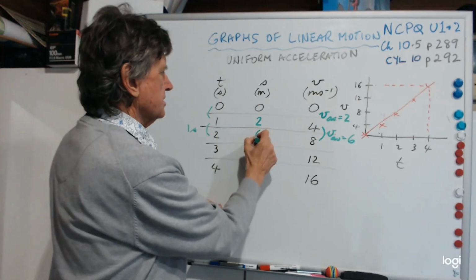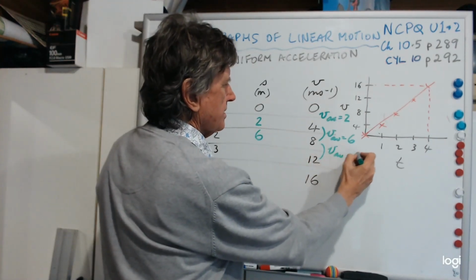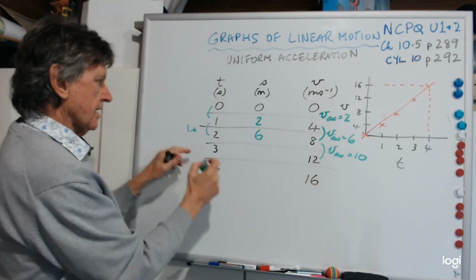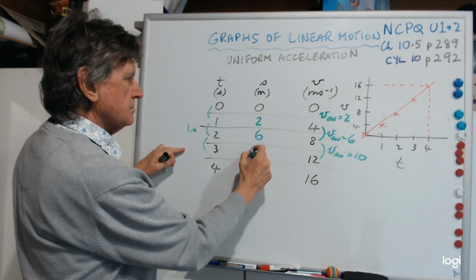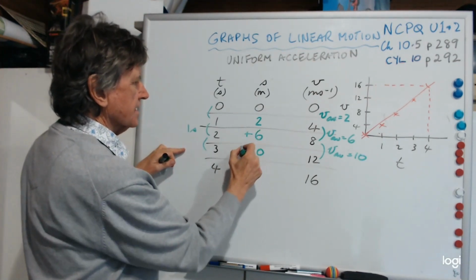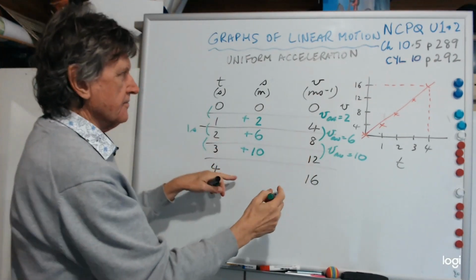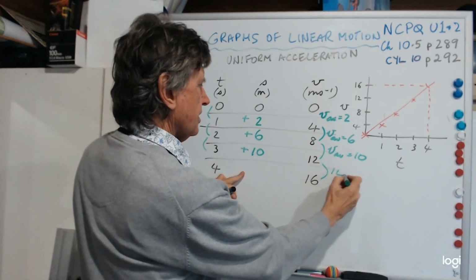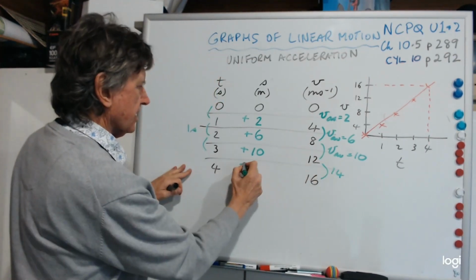So it's gone 6. Here, average of that is 10. And for another 1 second, so it's gone, oh, wait a second. This is how far it's going. It's plus 6, plus 10, plus 2. That's how far it's travelling. And then here it's 14. The average of that's 14, so it's doing another 14.